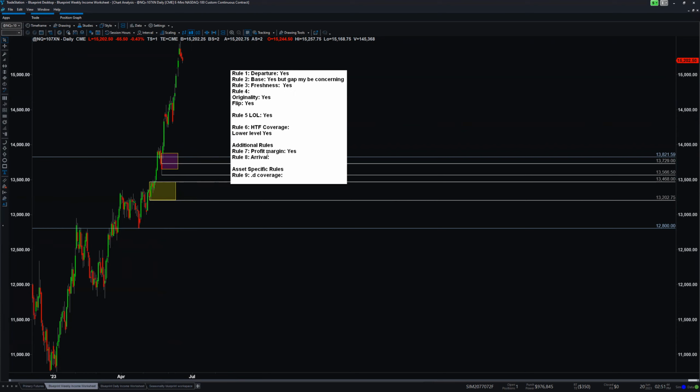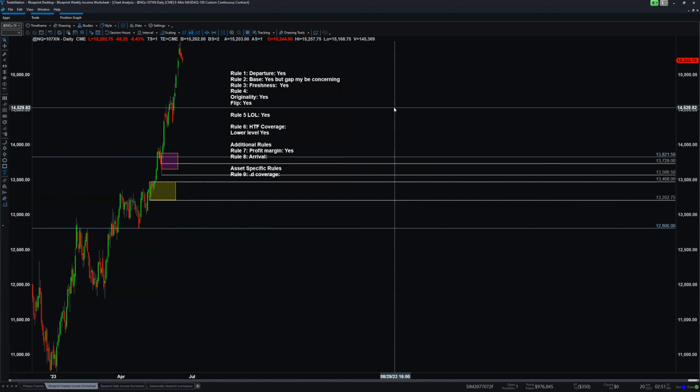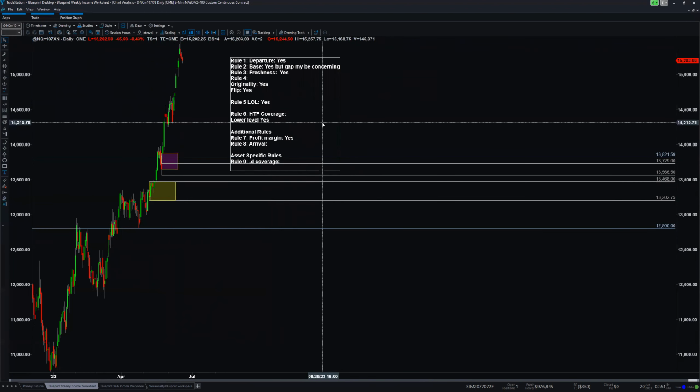Arrival we can't test yet because price needs to be closer to the zone for us to be testing arrival. And now the .D coverage, it's going to be interesting. Just create.